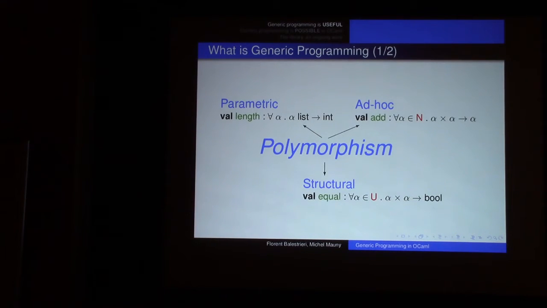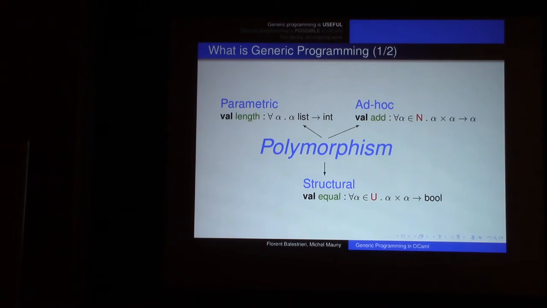Generic programming is another case of polymorphism. OCaml programmers are most familiar with parametric polymorphism, in which type variables are universally quantified, the values of those types cannot be inspected. So the computation is irrelevant of the actual type with which the type parameters are instantiated.